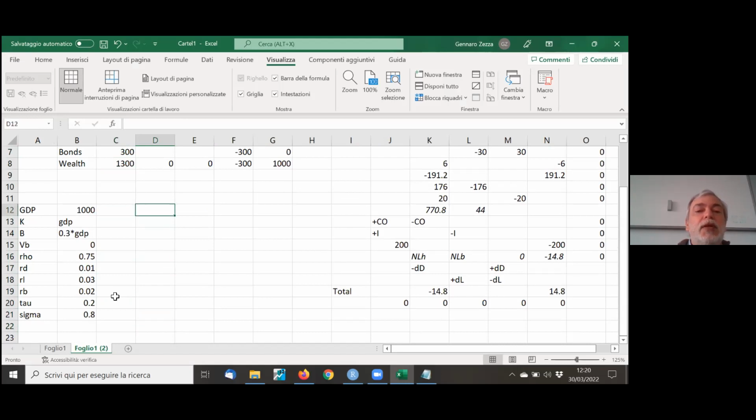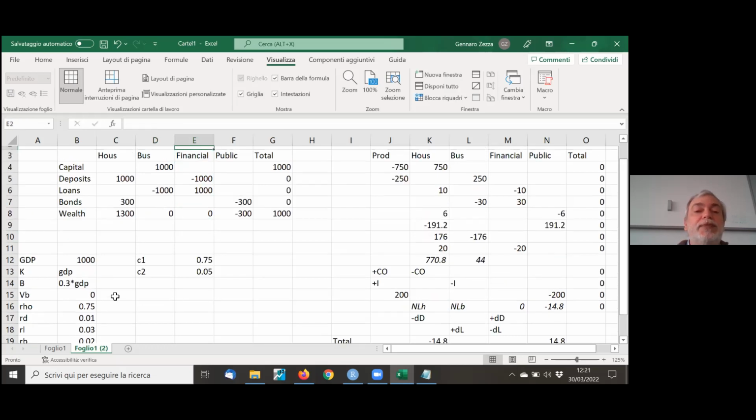And this will depend on the C1 parameter and on a C2 parameter, and we want this to be reasonable. So this could be 75% is the propensity to spend out of disposable income, and let's say 5% as the propensity to spend out of wealth.